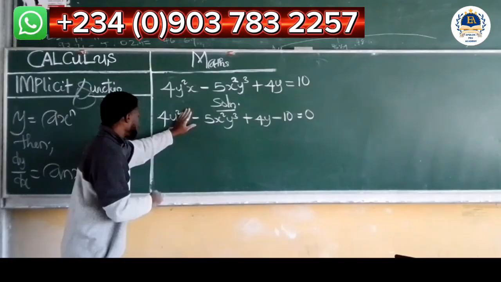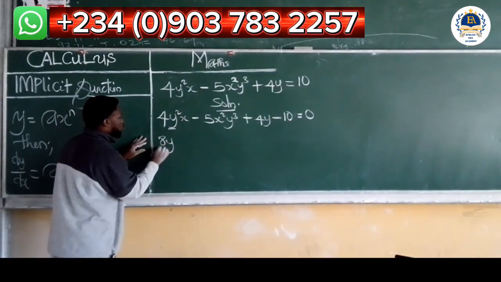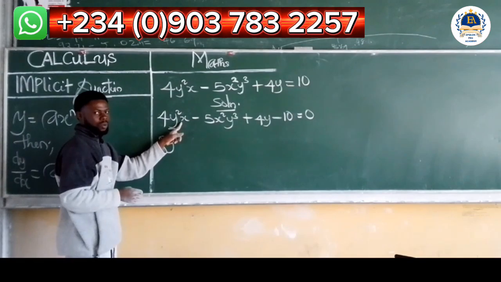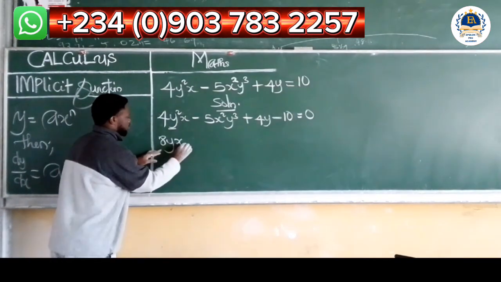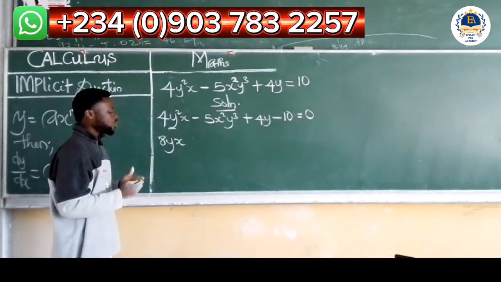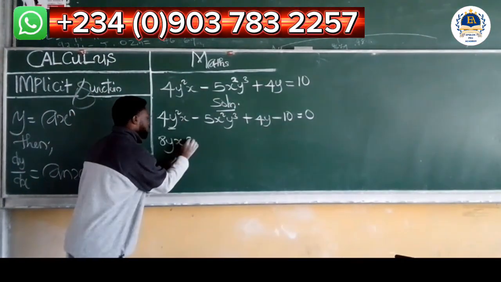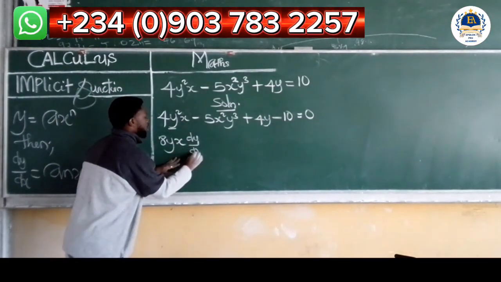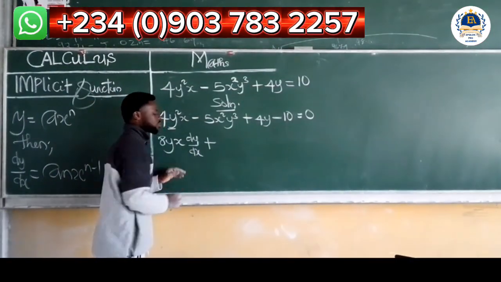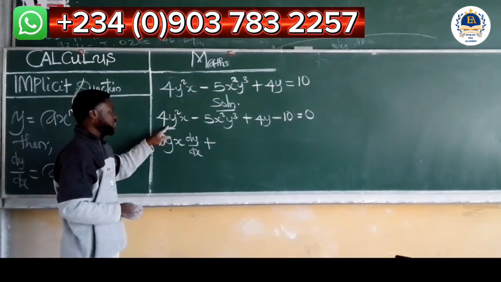So we have 8y, then multiply by this invisible term, x. Because we are differentiating the y variable, always ensure that you add dy over dx to it. Then plus, we are differentiating this term 2 times.